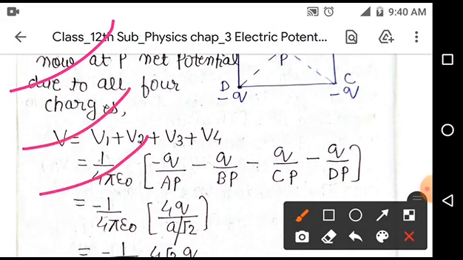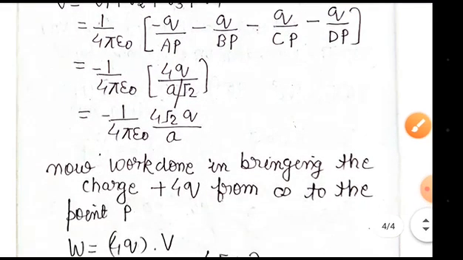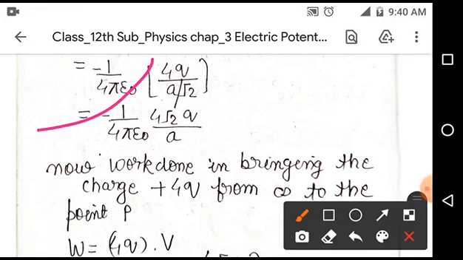So on putting the values, 1 upon 4 pi epsilon naught in bracket minus q upon AP minus q upon BP minus q upon CP and minus q upon DP. So on putting, minus 1 upon 4 pi epsilon naught 4q upon a under root 2, and on solving we get minus 1 upon 4 pi epsilon naught 4 under root 2 q upon a.